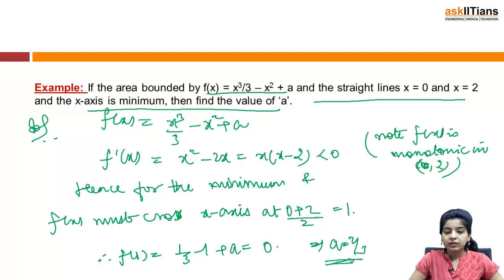So we are given f(x) is this, we have found out f dash x, and that is less than 0. Hence for the minimum, f(x) must cross the x axis at (a plus b) by 2, that is (0 plus 2) by 2, that is 1, and therefore f(1) is 0, which means a is 2 by 3.